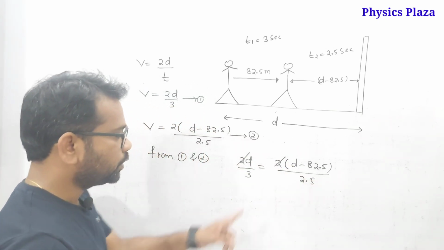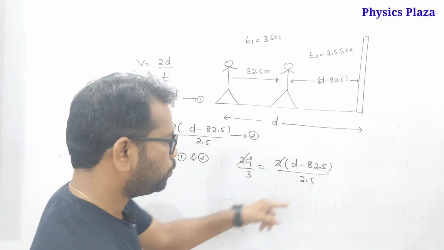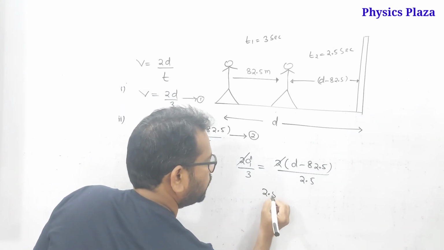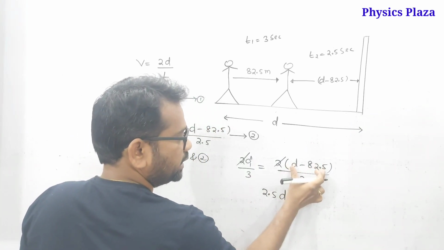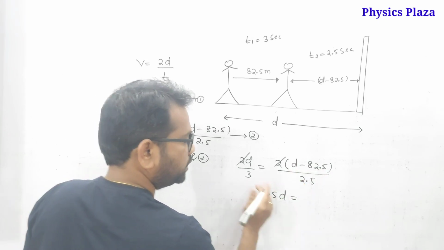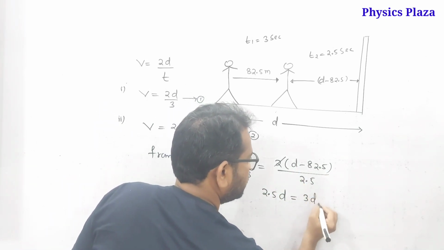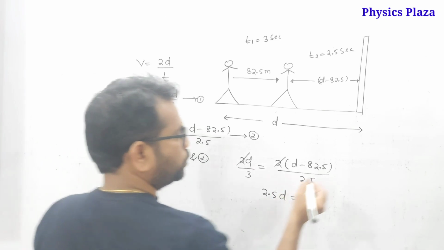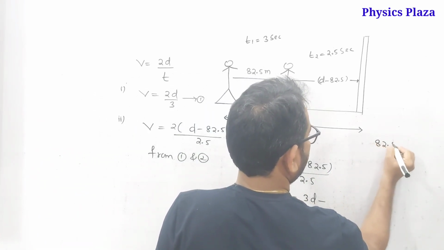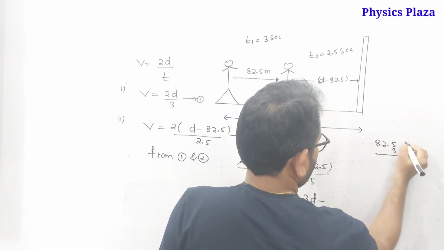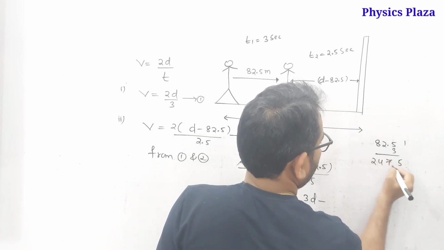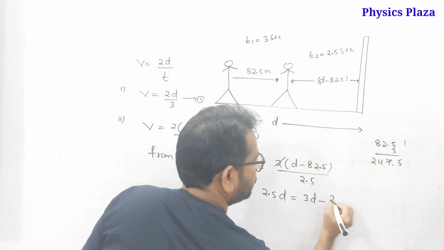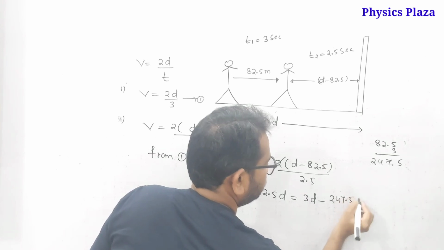2 gets cancelled. Do the cross multiplication. d into 2.5, it will be 2.5 times d, and with this 3 you have to multiply the entire bracket. So d into 3, this is 3d minus 82.5 into 3, so it is 247.5.